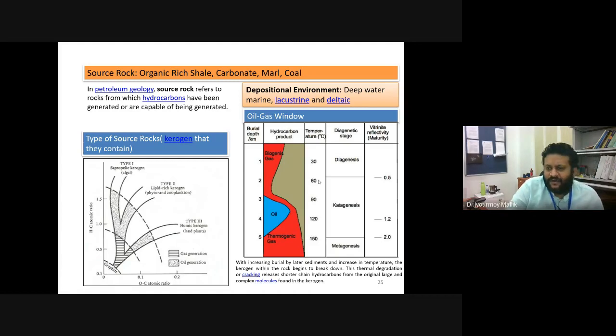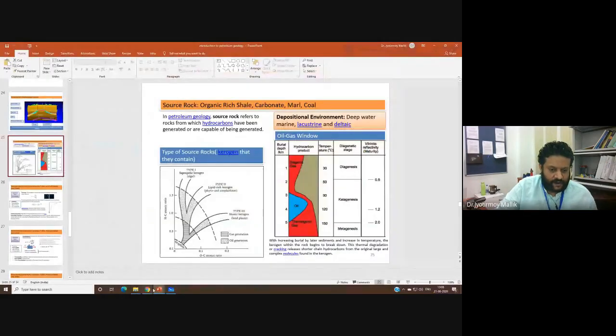You will take out these kerogens from that source rock and you will study them under a reflected light microscope.